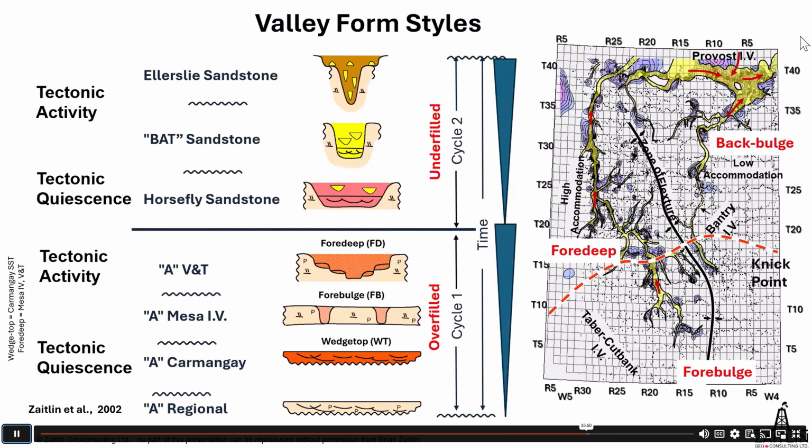But in this case, if you go with the foreland basin model, the A sandstone would be what you'd expect to have in an overfilled foreland basin, whereas the Horsefly, Bat, Ellerslie is an underfilled. This is a higher frequency event on an overall larger foreland basin system.